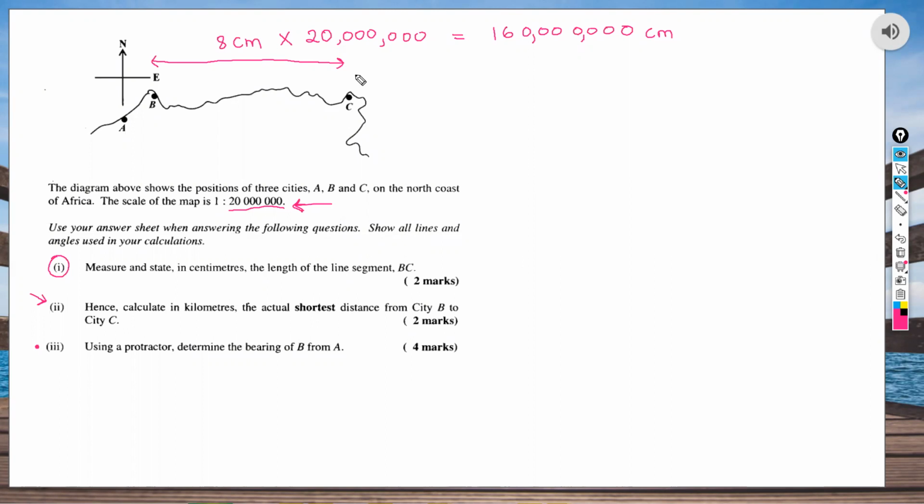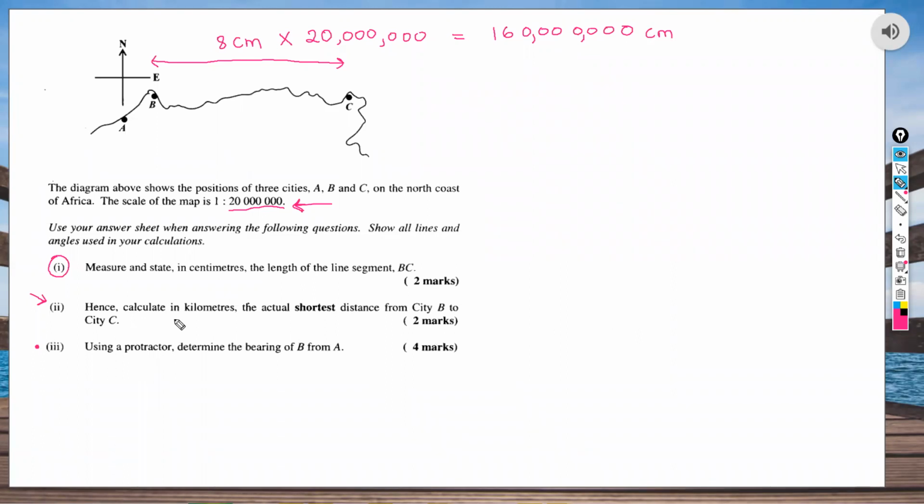When you multiply a unit by the scale, you get back the same exact unit. People have the habit of changing this to kilometers because they associate kilometers with being large. So your brain is just telling you automatically, hey, just convert it to kilometers, but it does not work so.